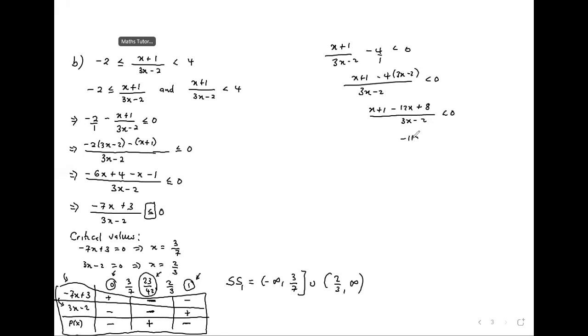And then you get negative 11x plus 9 over 3x minus 2. Critical values will be negative 11x plus 9 is 0, giving us negative 11x is equal to negative 9. x is 9 over 11. And then 3x minus 2 is 0. x is 2 over 3.